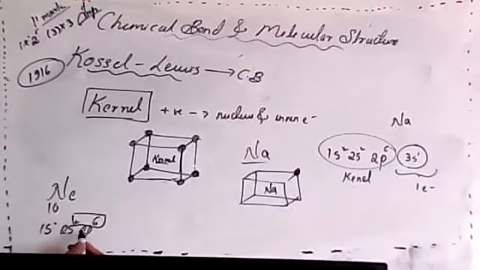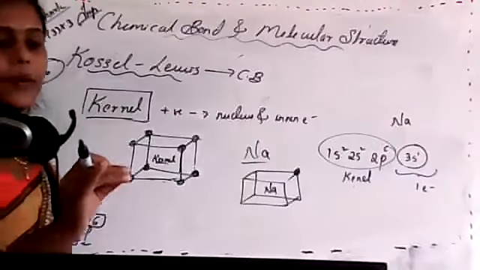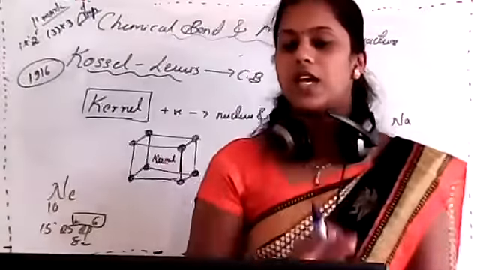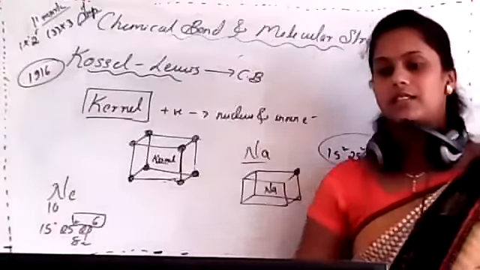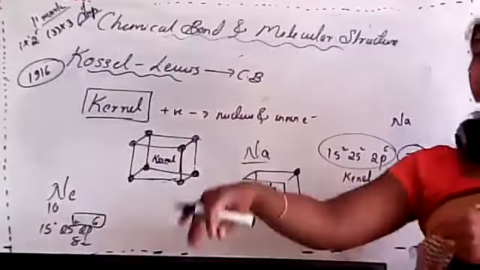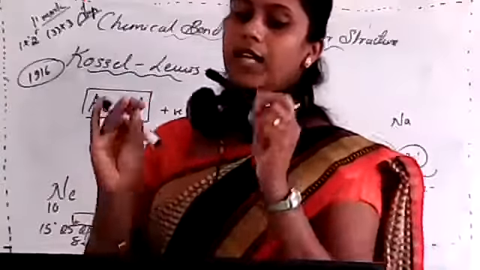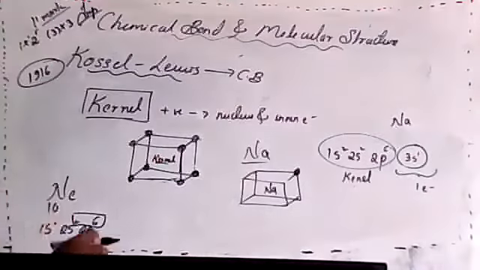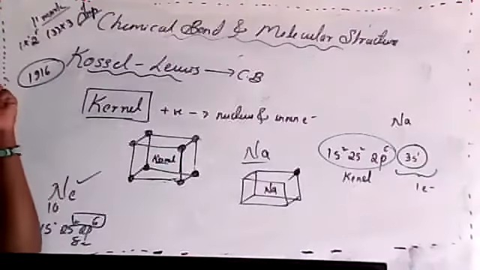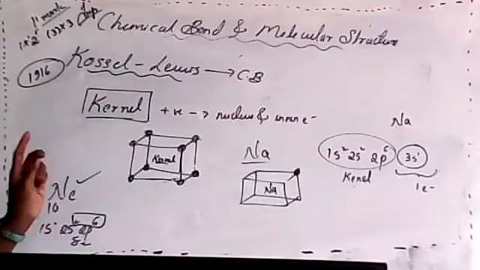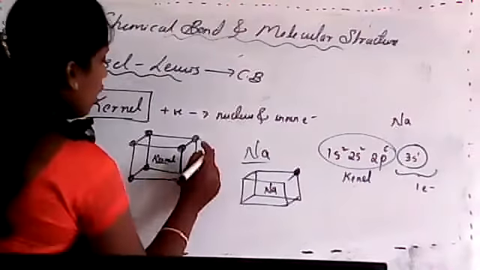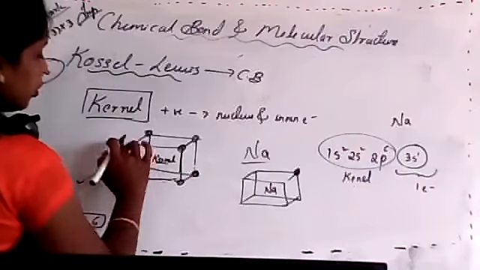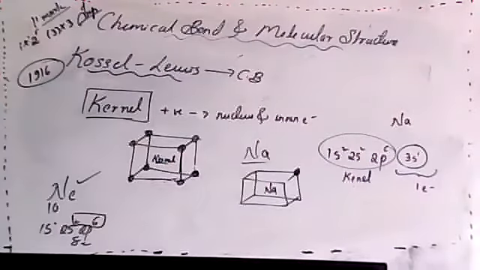There are 8 valence electrons, because the electrons present in the outermost shell are valence electrons. The question here is how many corners will be filled when we consider any noble gas, or neon? Yes, all 8 corners. Is this clear, student?